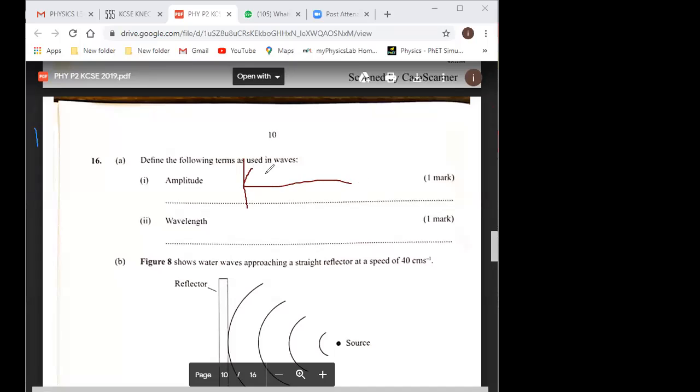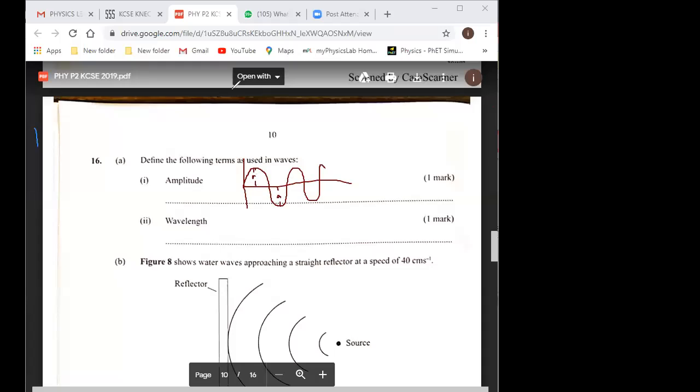The wave rises up and down, up and down. This distance here is the one we refer to as the amplitude. We have a positive amplitude and a negative amplitude. So the maximum displacement from the mean position is the amplitude.